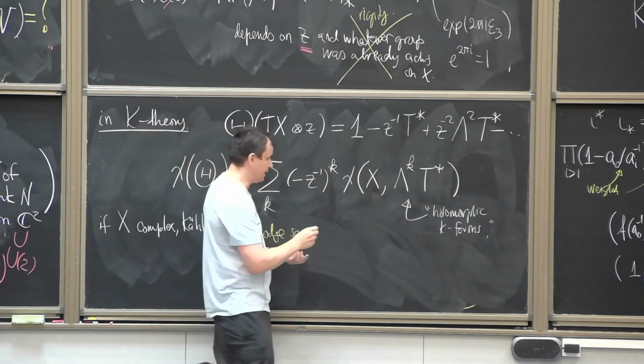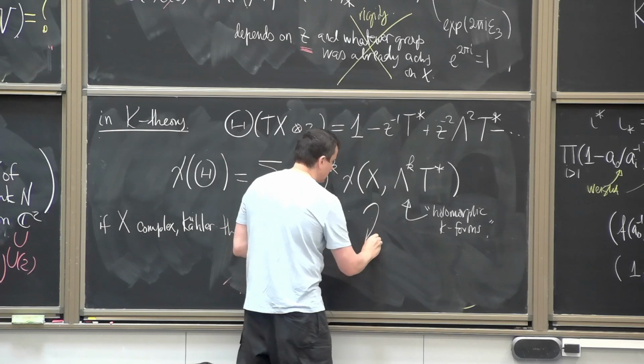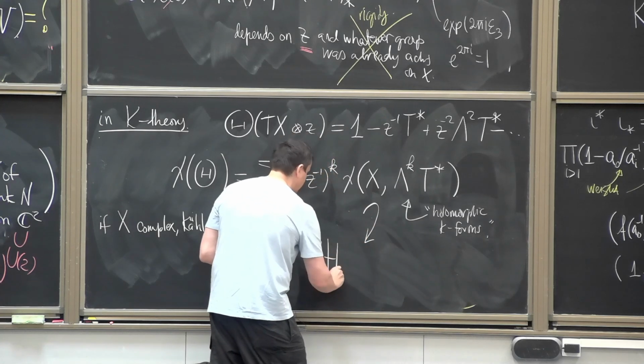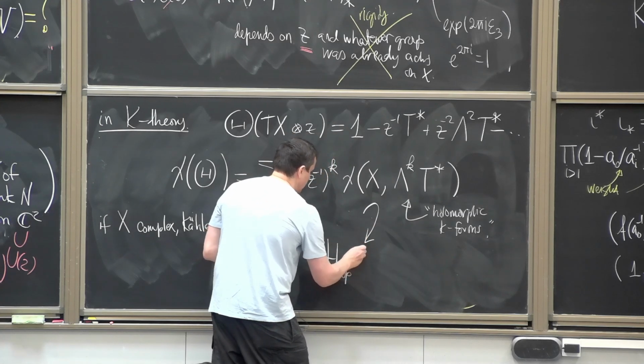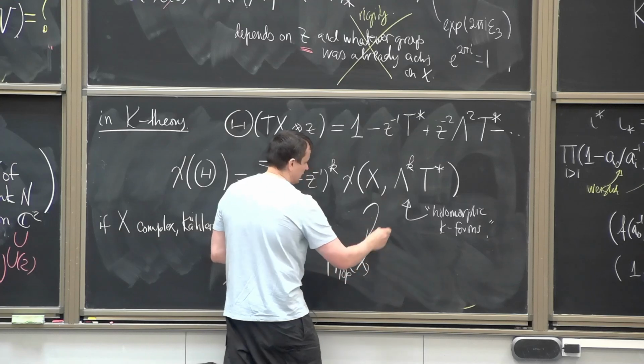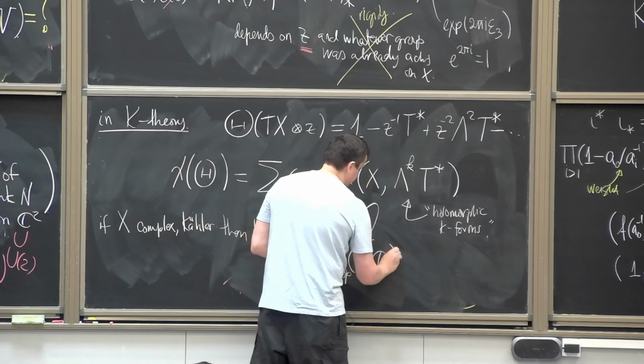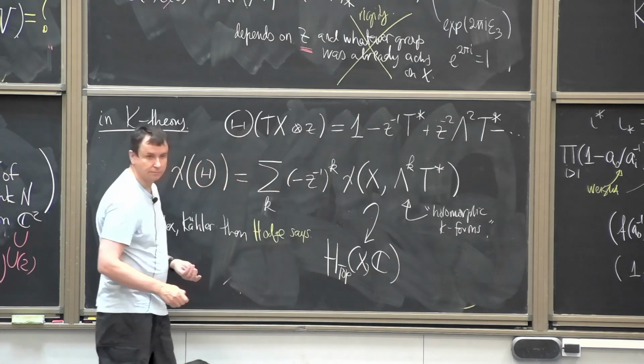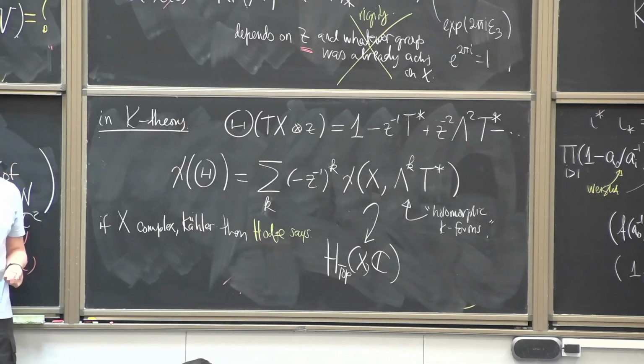So this embeds into ordinary topological cohomology of X, with C coefficients. Make sense?